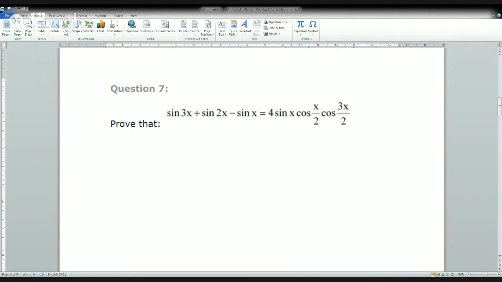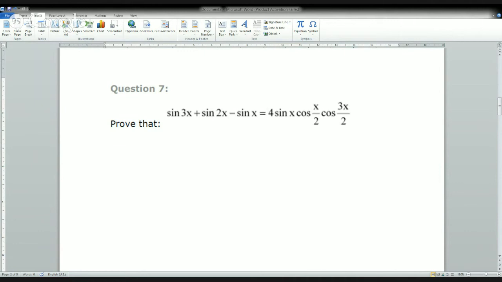let's consider this, which is sine a minus sine b. So if we put the formula of sine a minus sine b, it becomes 2 cos of a plus b divided by 2, which is 3x by 2, and sine of a minus b divided by 2, which is sine of x by 2.